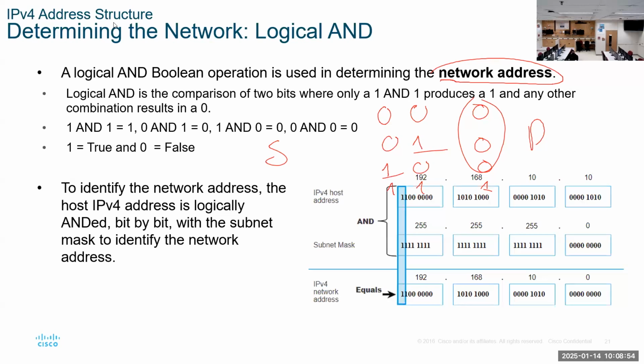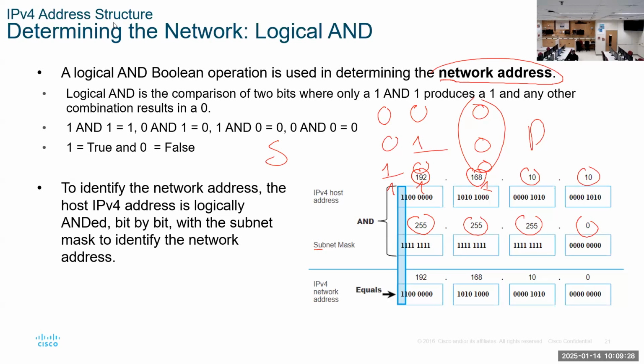I have an IP address of 192.168.10.10, and I have the subnet mask 255.255.255.0 here. If I want to figure out my network address, I have to convert it into binary, and I have to use the ANDing logic on every single bit together to figure out the network address. That is the way the computer does it, because underlying everything, it works with the binary system.